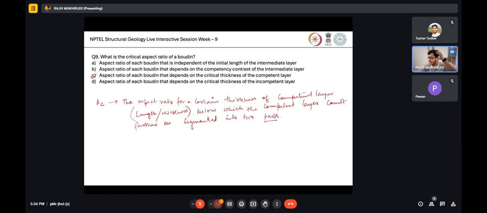So that means if we have very thin or very thick layer, it would always be restricted to its length.